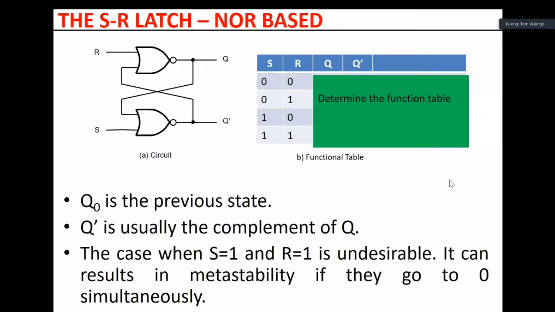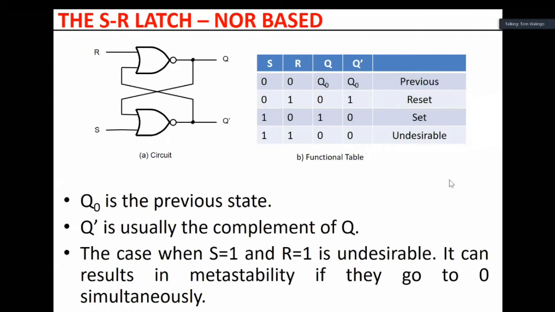So you can fill those in and start filling in the others. We've said if S is 1, Q complement will be 0, and if R is 1, Q will be 0, so you can fill in that and that. Then you can go through the circuit and fill in all the combinations.